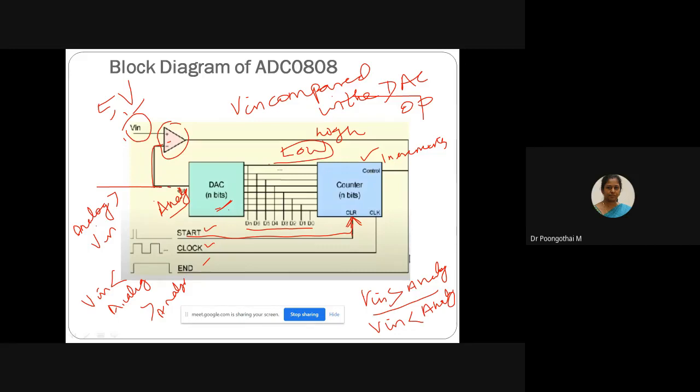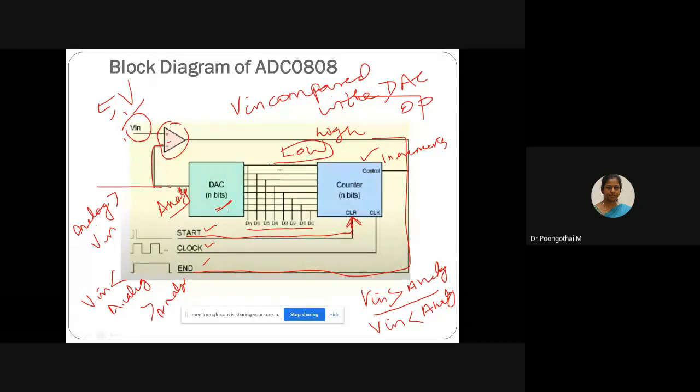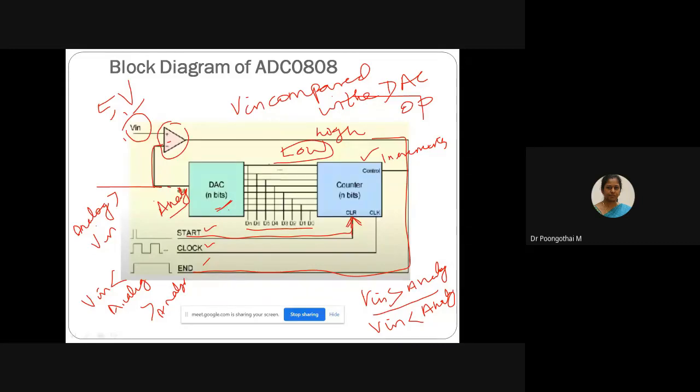In that case, your process is completed. At the same time, it is connected with your end of conversion, and it will generate the end of conversion signal to the microprocessor to indicate that the conversion process is completed. So this is the internal operation of your ADC0808.